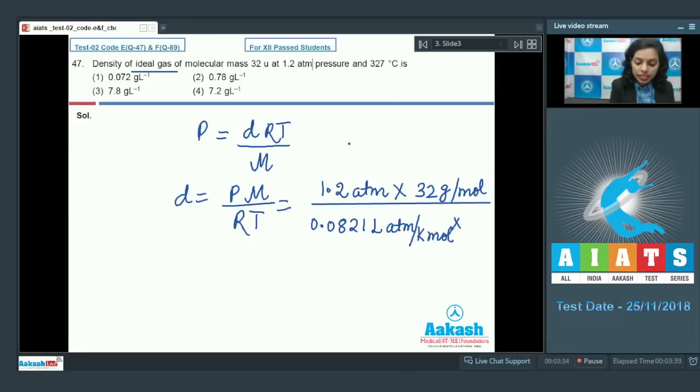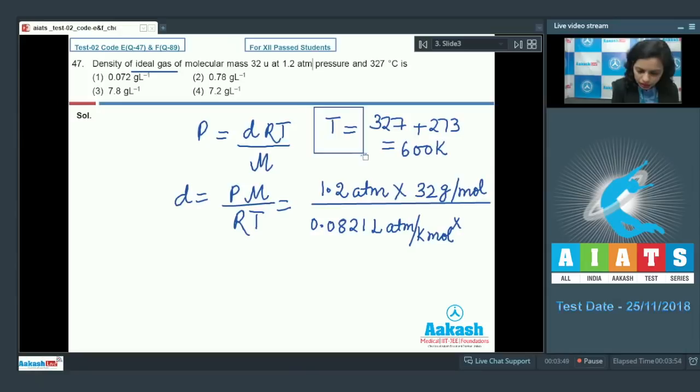What's the temperature here? That is 327 degrees Celsius. And if you want to calculate this in Kelvin, this would be 327 plus 273. It would be 600 Kelvin. This is basically the temperature of this case, and that I'll multiply here 600 Kelvin.